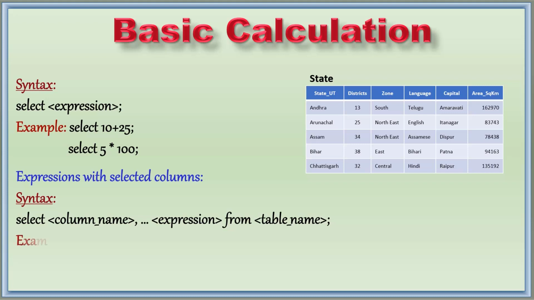Select the column name, that is state underscore ut. Area square kilometer is another column that I need to multiply with 1000, from the table name, state. When I give this, I will get the state and the area in square meters.